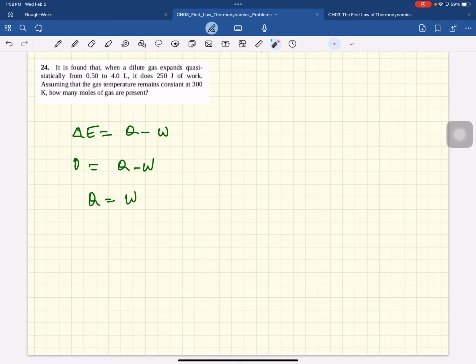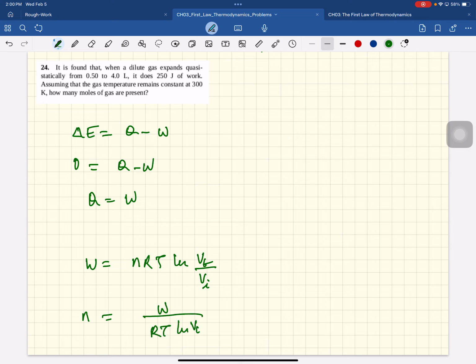The work done during an isothermal process is nRT log V final over V initial. We know the work done, we know the temperature, so that'll give us the number of moles. So this initial part was not needed.